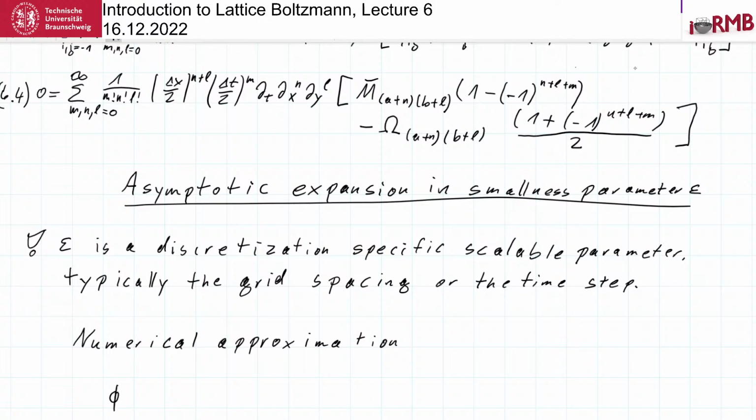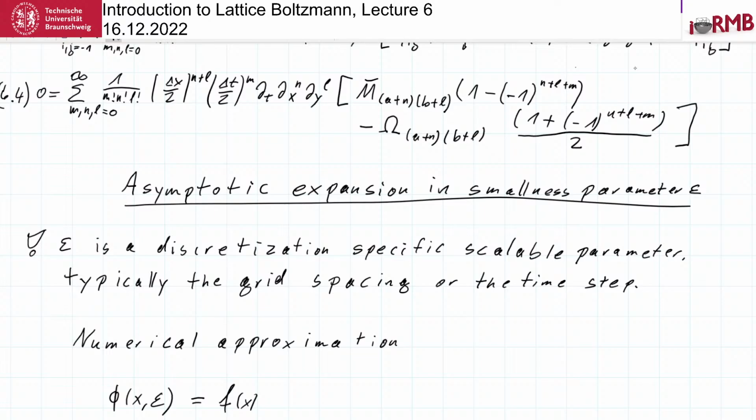We have a function phi of x and epsilon. It has an independent variable x, which could also be t, so space, time, whatever. And it is also a function of a smallness parameter epsilon. And this phi of x and epsilon is some sort of approximation of a function f of x.